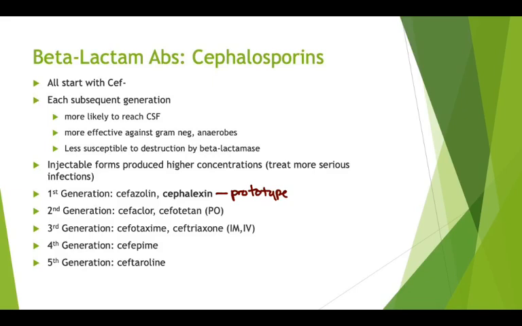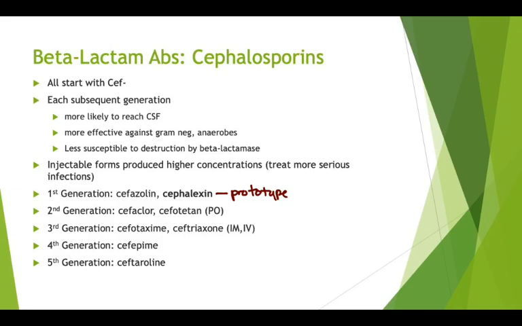All right, so the next class that we're going to go through is your cephalosporins. Your cephalosporins are all going to start with ceph. Each subsequent generation has been made so that they are able to reach more of the CSF.